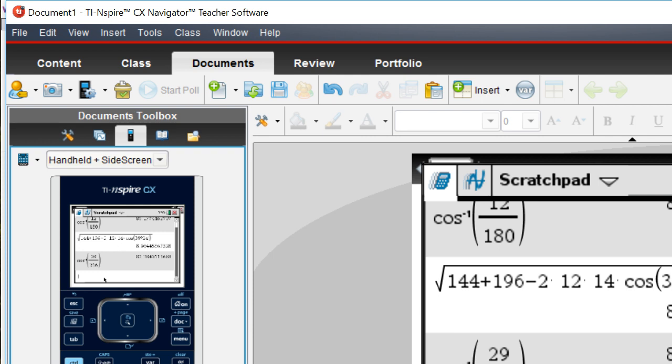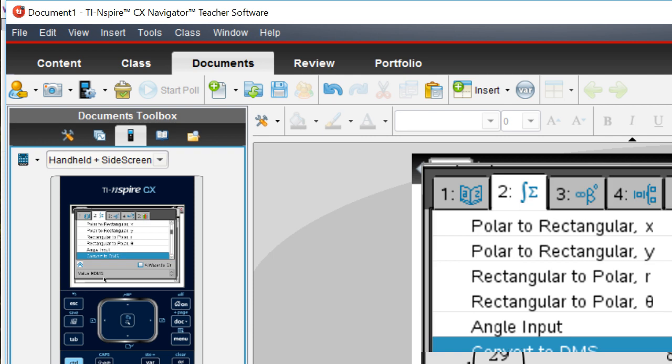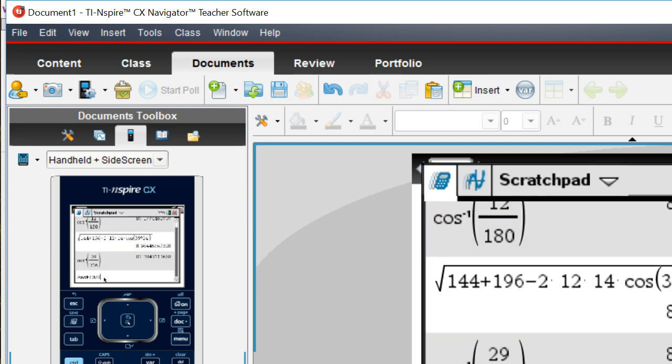Now, for our answer, if that first angle they gave us was degrees and minutes, then our answer needs to be converted to degrees and minutes. So once you get this 82.284, we need to convert that to degrees and minutes. So you need to go to that book, and under tab 2, we're in the angle menu, and under the angle menu, we want convert to degrees, minutes, seconds.